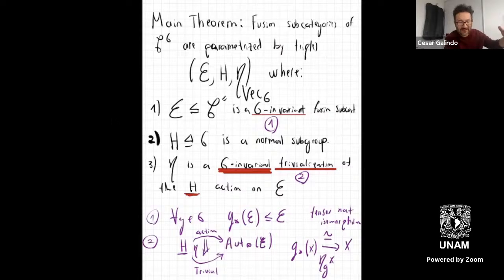Yes, this is part of the data. Later, we need a normal subgroup. And then in the third part, we need a trivialization. A trivialization means that in the subgroup associated with the category E, the action should be just the identity. So when you act, it's exactly the identity.